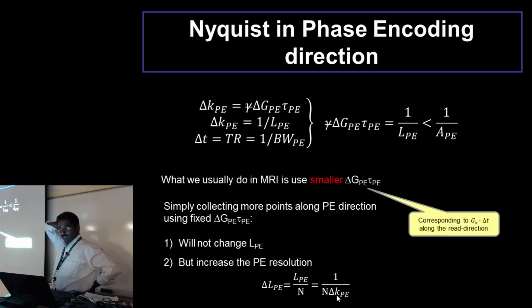So you're sampling n number of k-space lines along the y direction by basically stepping through this, right? This is your gradient step size. All I'm saying here in this slide is that if you increase the number of steps, you're not changing the step size, you're just increasing the number of steps.